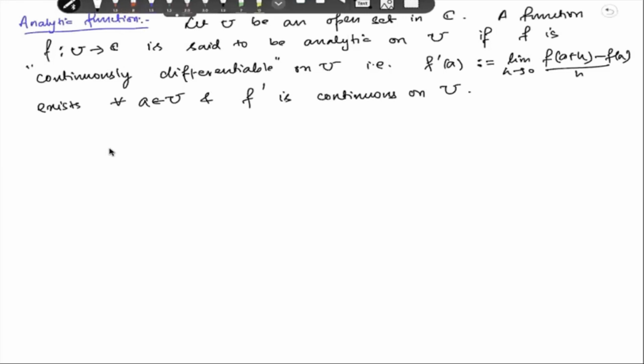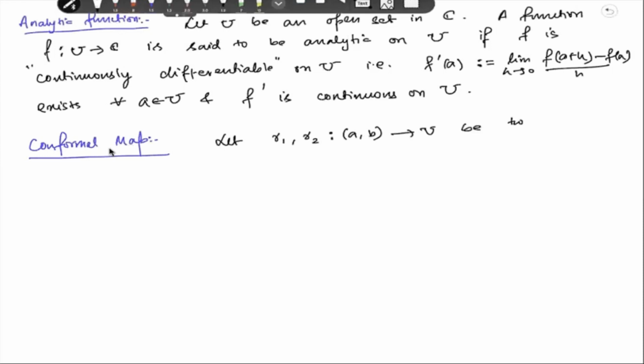I'm sure that you have learned this definition of analytic function in complex analysis. And now let me define what we mean by a conformal map. So let us take two differentiable paths. Let gamma 1, gamma 2 be two differentiable paths in C. So what is the meaning of a differentiable path?